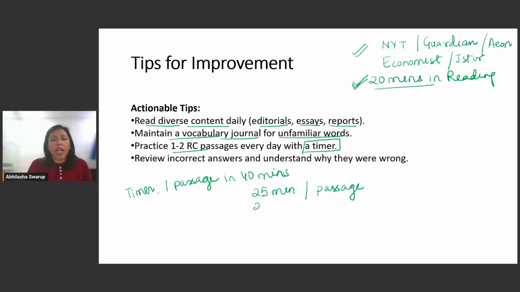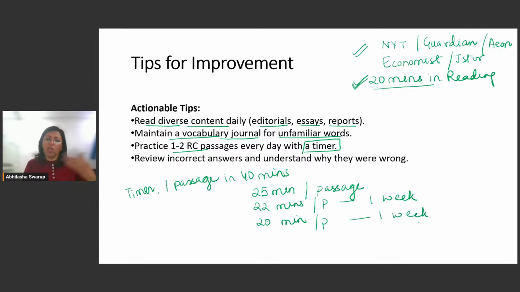The next day onwards, put a timer of, let's say, 22 minutes for the passage for 1 week. After that, for the next week, put a timer for 20 minutes. Then every week, keep reducing your time.